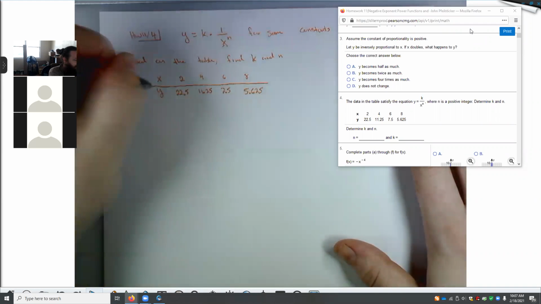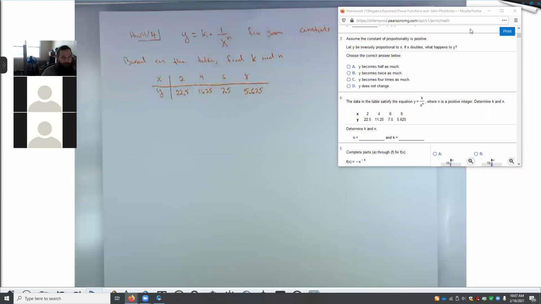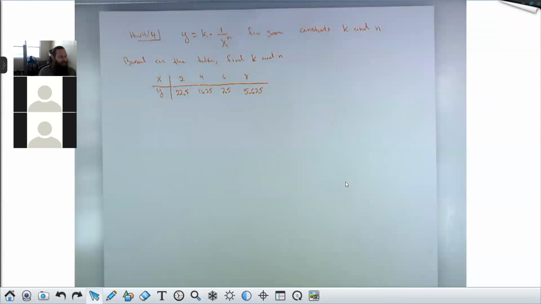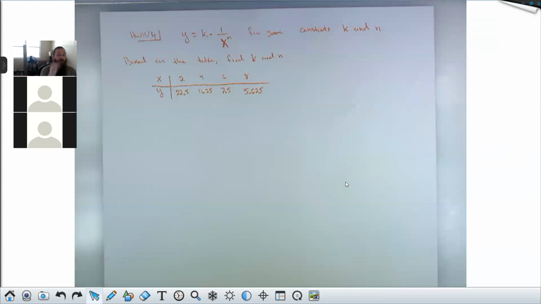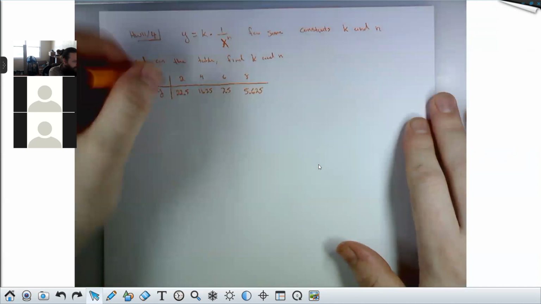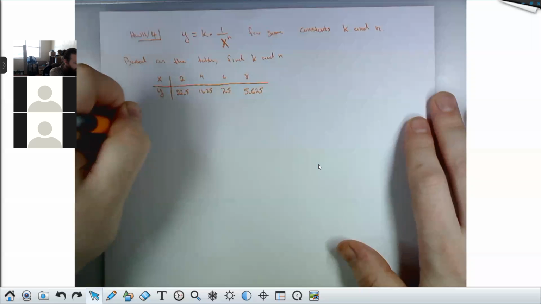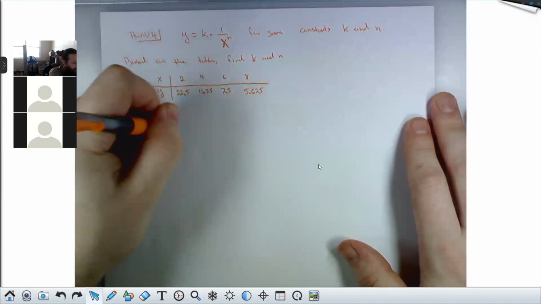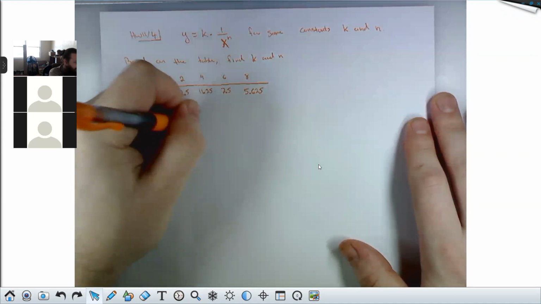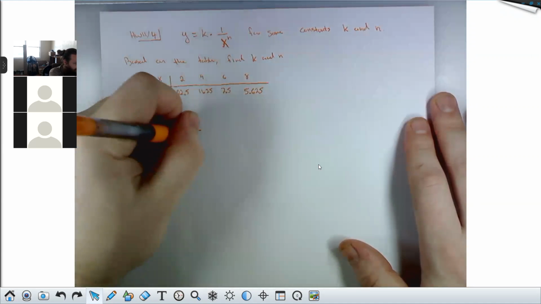This problem is a little bit tricky. But it is similar to the things we were just doing, where we take the information they gave us, plug into the equation, and try to figure out the constants k and n. So I would just start plugging things in. I know that y is 22.5 when x is 2, so 22.5 must be equal to k times 1 over 2 to the n.